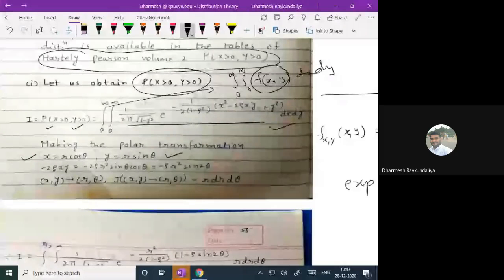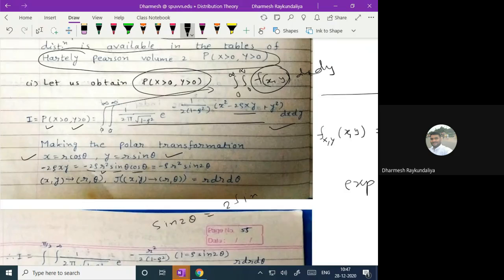So what is minus 2 rho x y? It is minus 2 rho, and x is r cos theta and y is r sin theta, so r into r, that is r square sin theta cos theta. But we know that sin 2 theta equals 2 sin theta cos theta. So I can write it as minus rho r square sin 2 theta. So that means I can get this.